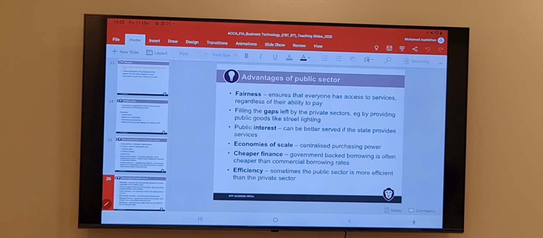Then economies of scale: the cost will be cheap because they are buying in larger quantities. The financing will also be cheaper because the government will lend them at a very low interest rate. So that is another advantage, and we theoretically believe that is efficient.